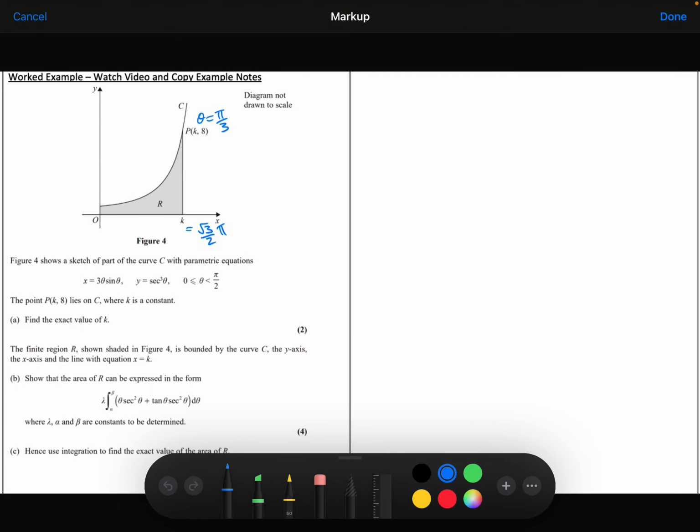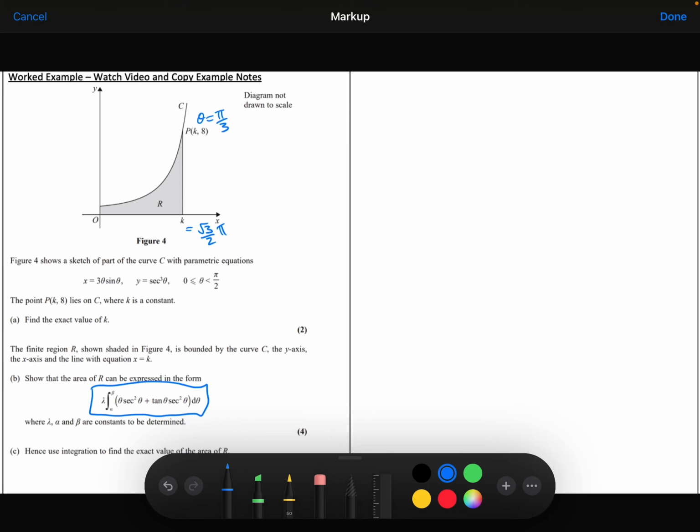We are given that the finite region R, shown shaded in figure 4, is bounded by the curve C, the y-axis, the x-axis, and the line x equals k. I need to show that the area of R can be expressed in this form.